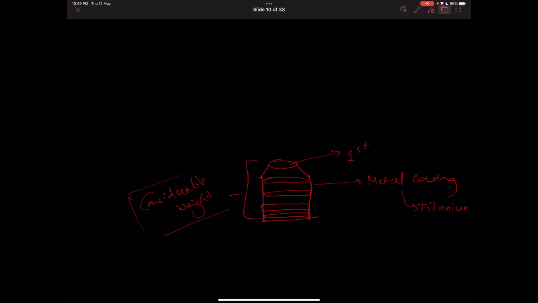Now when you say they have a considerable weight, in case of epi illumination, your sample stage is above. And when your sample stage is here, you would want to take this objective upside. Let's say it is a 100x magnification objective and it has a numerical aperture of 1.49. Now this is a very good numerical aperture that an objective can have.